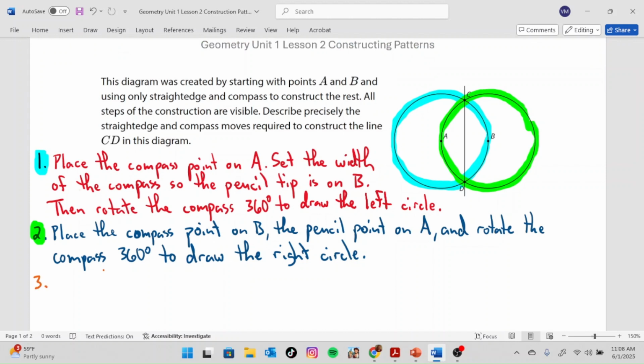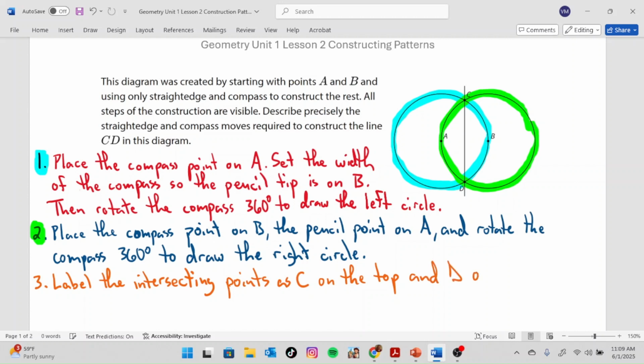Now we would have the two circles. The third step would be to label the intersecting points as C on the top and D on the bottom.